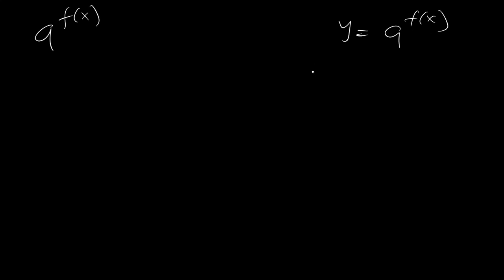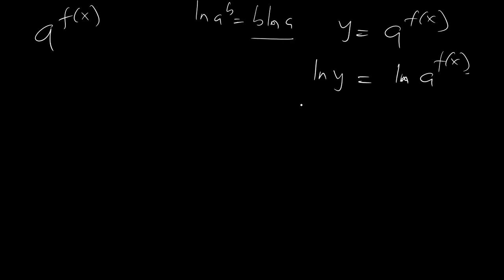Taking natural log of both sides, you have ln y is equal to ln a to the power f of x. According to the law of logarithms, ln a to the power b is the same thing as b ln a. So that means you have ln y is equal to f of x ln a.